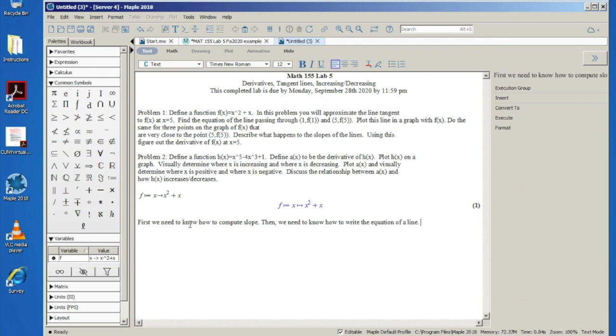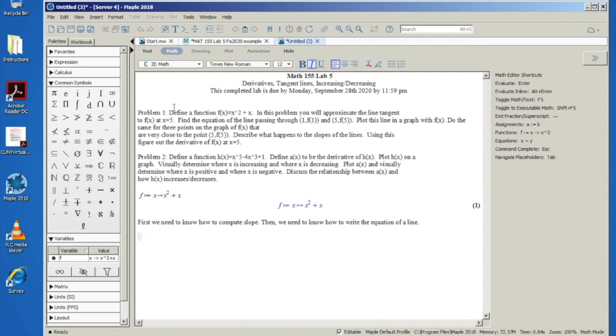Now, finding the slope and writing the equation of a line should not be new concepts. You have seen this in a college algebra class or any algebra class that you have taken before, and this was definitely covered in a pre-calculus class if you took pre-calculus before taking calculus. So these are not new concepts.